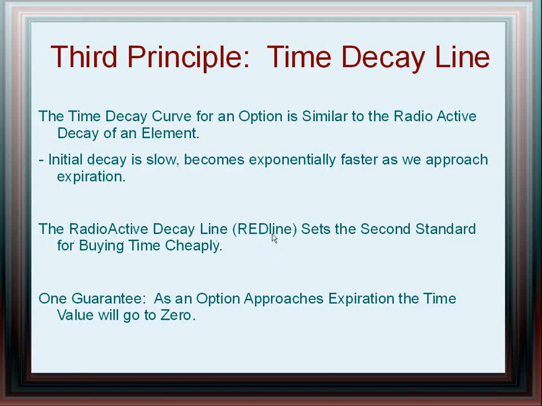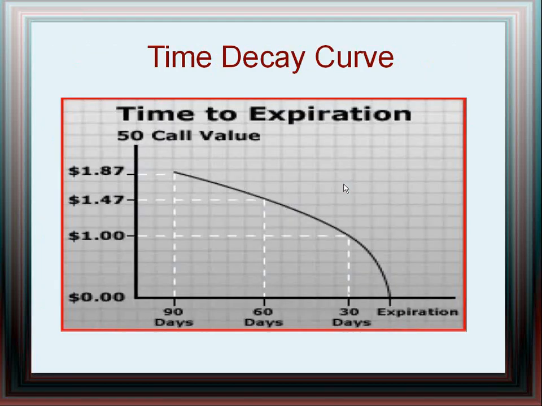Now, the radioactive decay line sets the standard not only for buying time cheaply, just as the at-the-money bell curve does, but it also sets the standard for giving ourselves time for the stock to move in our desired direction. Let's say we were looking at a stock trading at maybe $50 per share, and we're looking at a 50-strike call that's 120 days out in time.